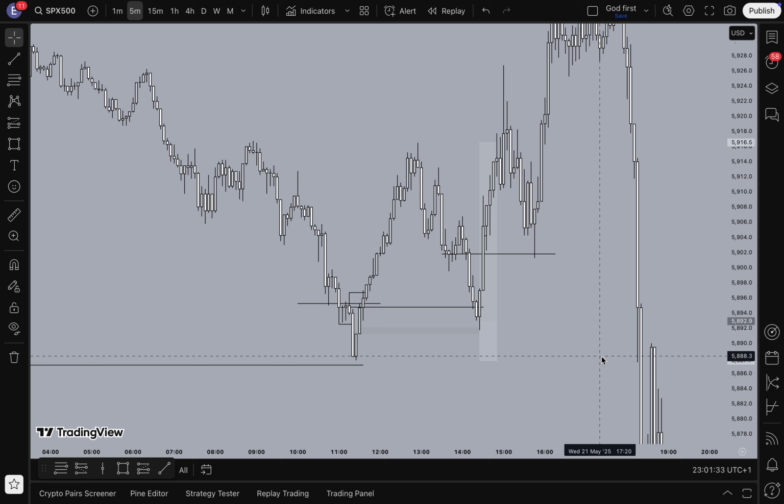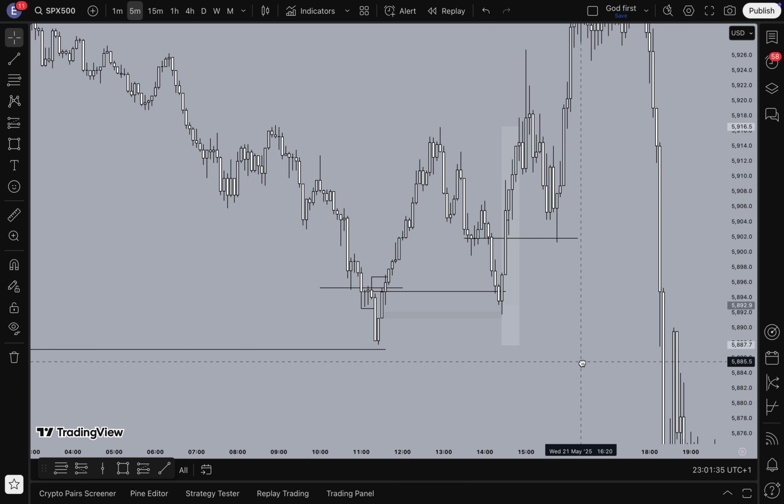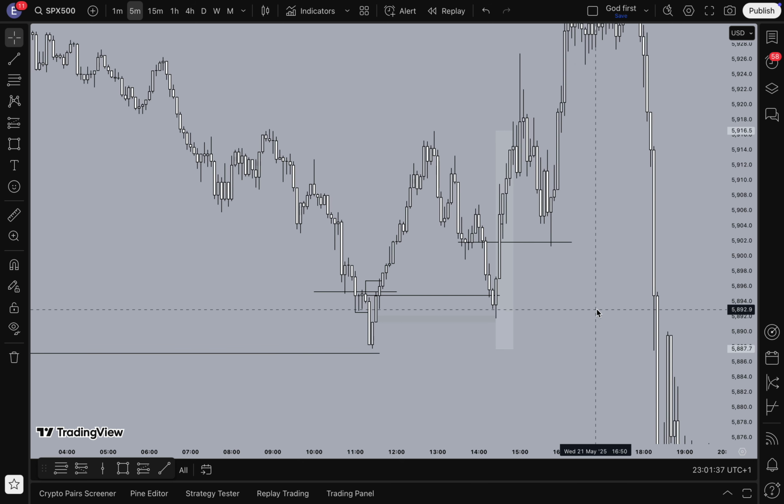In terms of my account right now, I am in 7% drawdown. Before I took this trade, I was in 9% drawdown. That means if I lost 1% of the account, I would have been finished and blown my account.